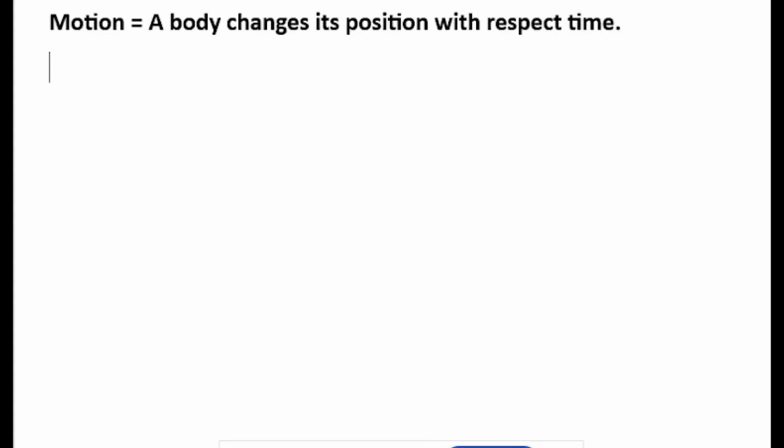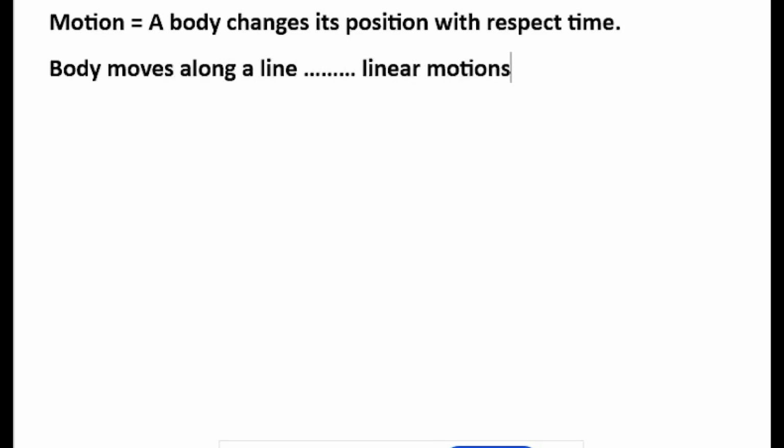Then we said in this chapter, body moves along a line. So all our motions are linear motions, and all our distances are linear distances, not round and round like a fan. No circle. In a straight line it will move. Linear movement and linear distances.